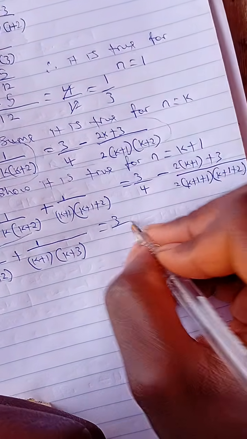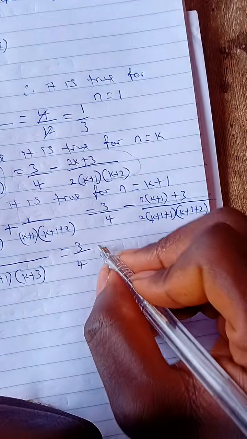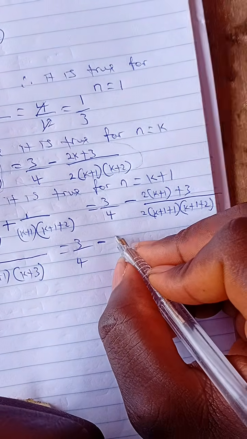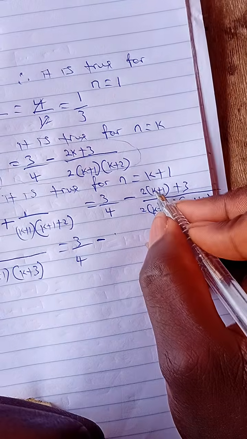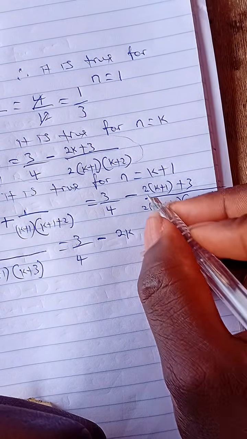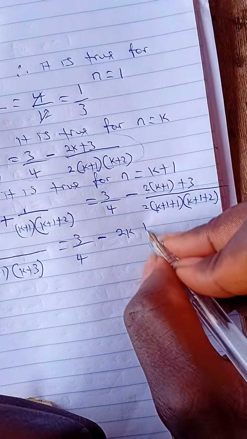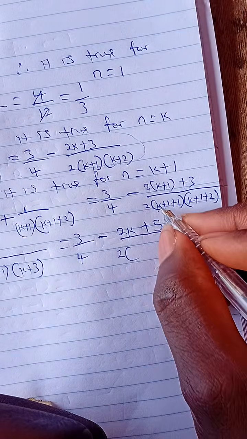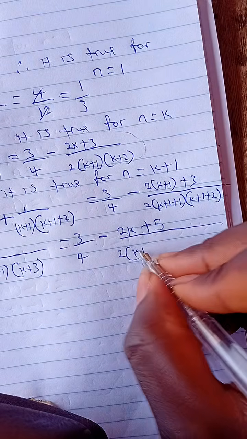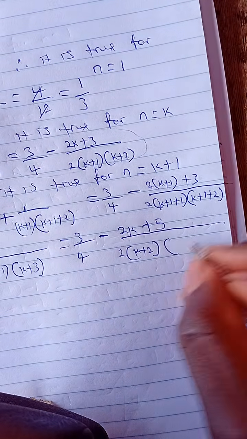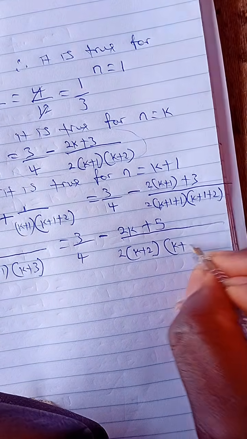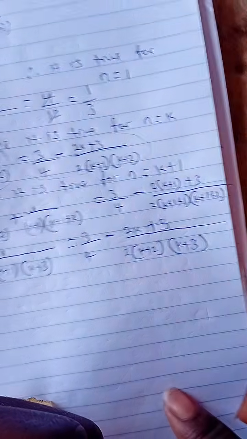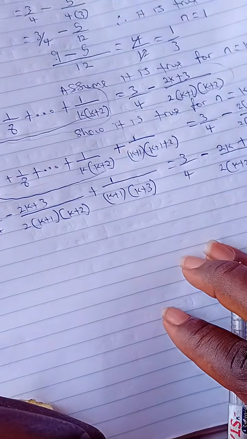That is equal to 3 over 4 minus, let's multiply, 2 times k, 2k, and 2 times 1, 2, plus 3, that's 5, over 2 into k plus 1 plus 1, that's k plus 2, k plus 1 plus 2, that's k plus 3. Are we together? So now, let's move on.